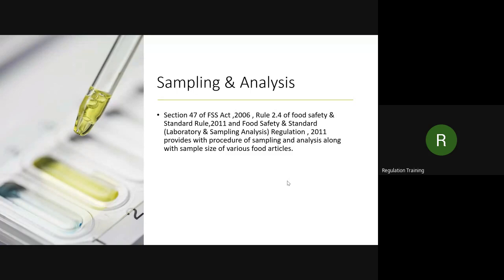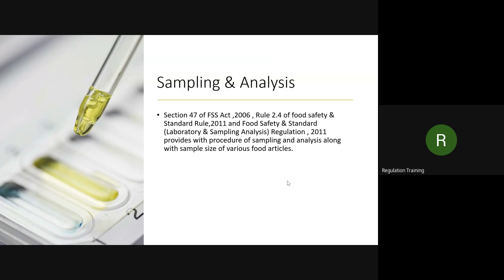Where will you find sampling and analysis in the Act, rules and regulations? So section 47 of the FSS Act, you will find this. Rule number 2.4, you will find about the sampling and analysis. And there is one regulation, Laboratory and Sampling Analysis 2011. So you will find it there also.